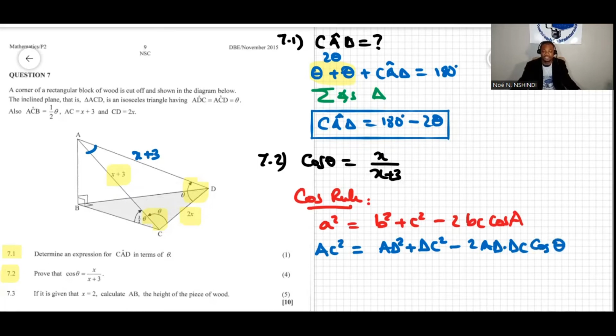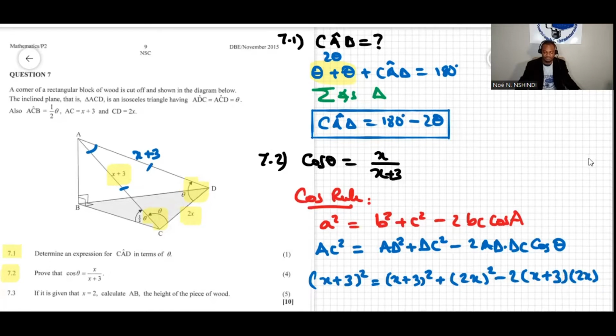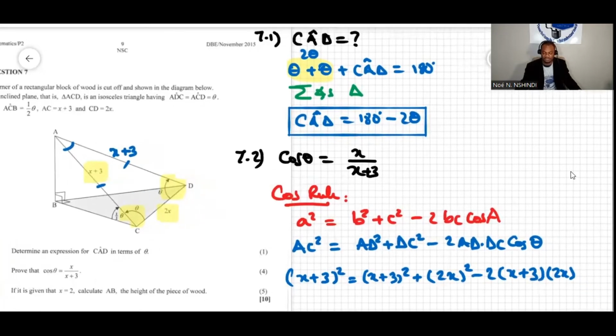Now we can express AC. AC is x plus 3 to the power of 2, and AD is the same as AC because the same angles imply that these sides are also equal. So this is x plus 3 to the power of 2, plus DC, which is 2x squared, minus 2 times x plus 3 times 2x times cos of theta.